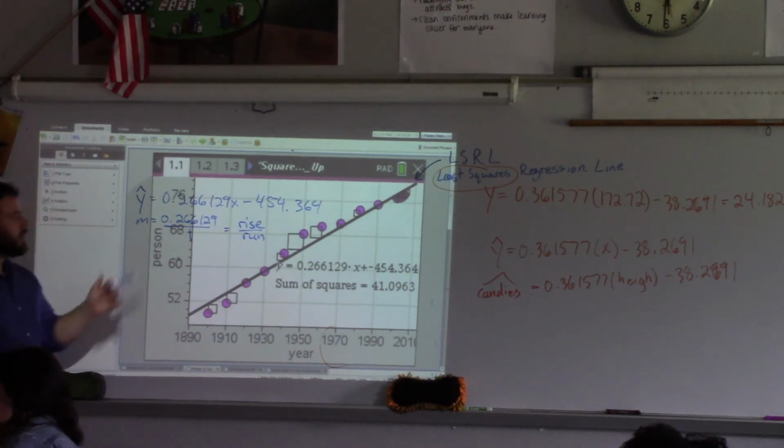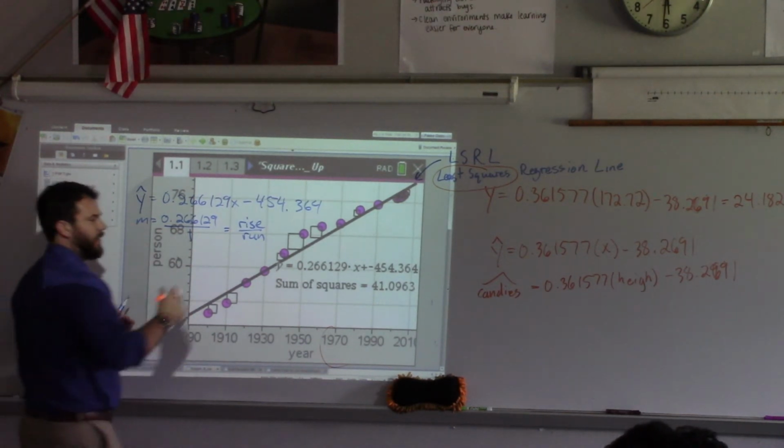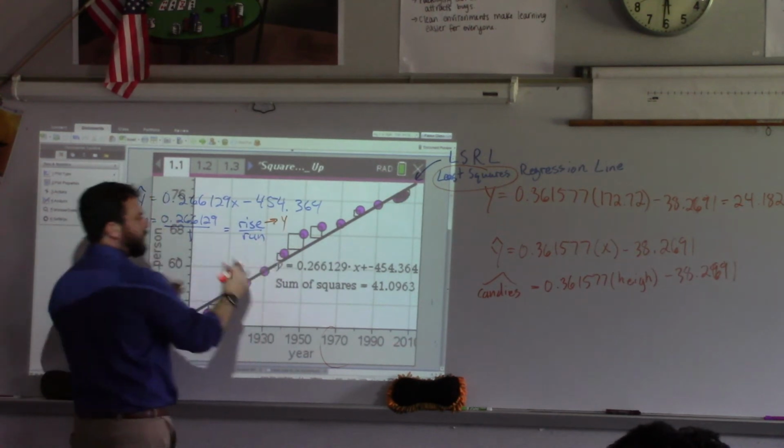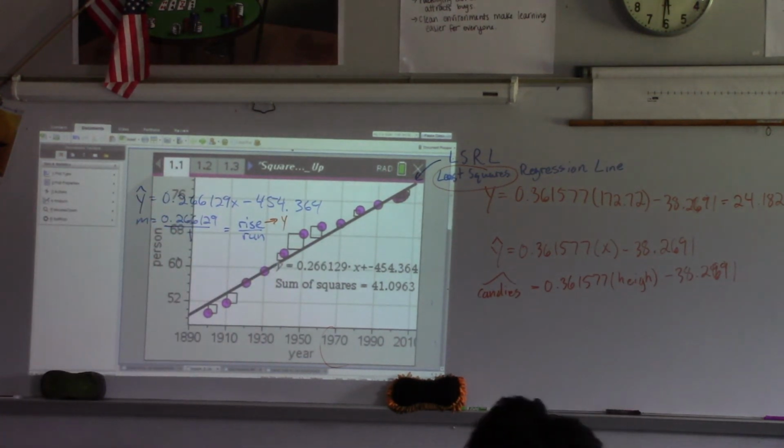So when I look at this, these numbers have meaning. When we say rise, which variable are we talking about? That's a y. And in this problem, in this context, what was the y? Life.